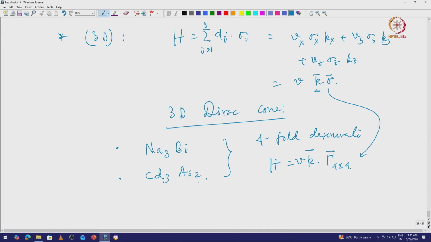Those details we do not need right now. So, in that case you will have a Dirac cone which is two-fold degenerate here, and each one is again two-fold degenerate. Symmetry is important, which turns out to be time reversal plus inversion.